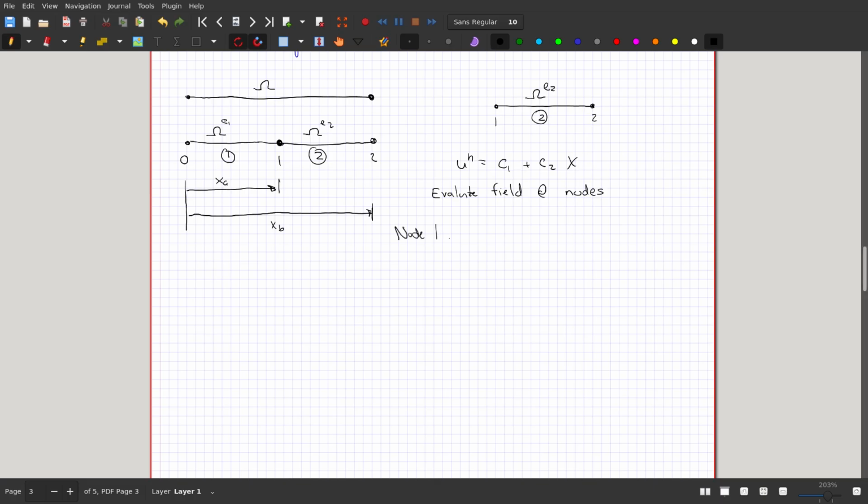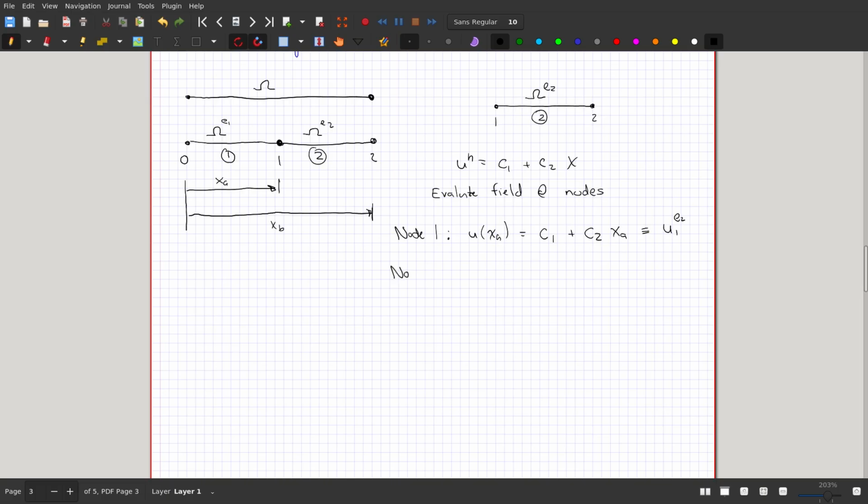At node 1, we have u at xa is equal to c1 plus c2 xa, and we're going to define this to be u1 of element 2.